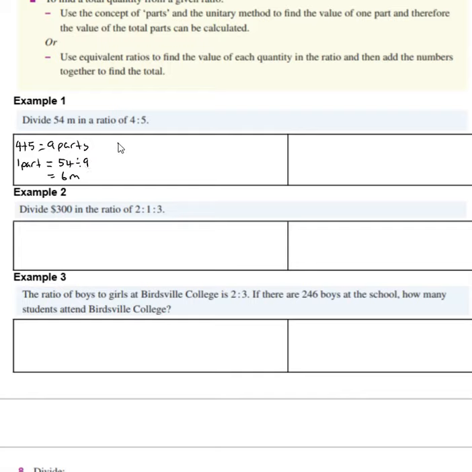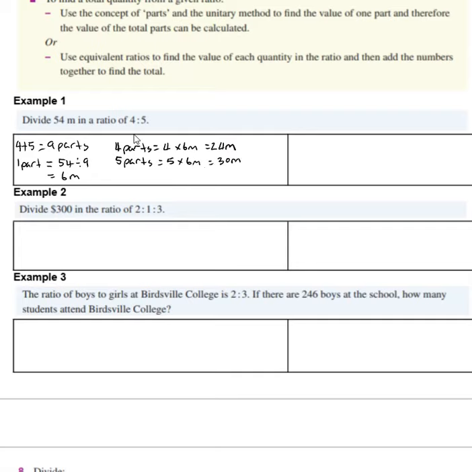Now, very simply now, 4 parts will be 4 times 6 meters, which is 24 meters. 5 parts will be 5 times 6 meters, which is 30 meters.